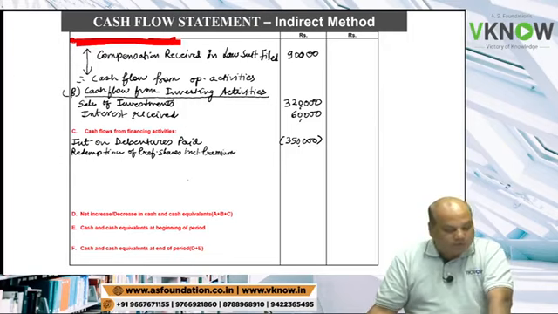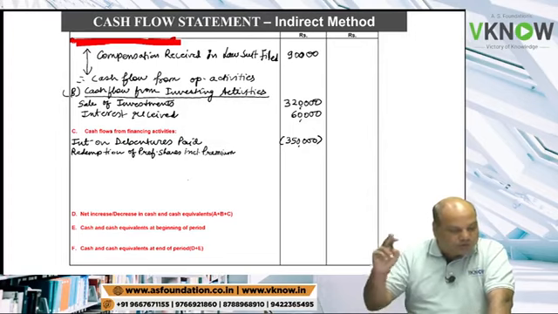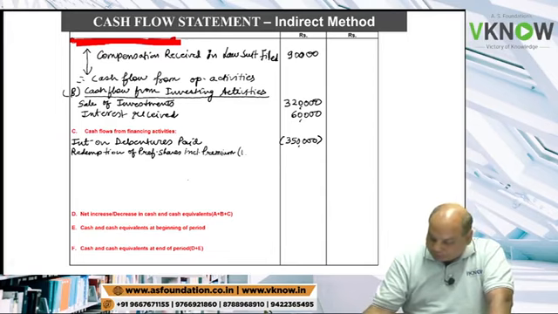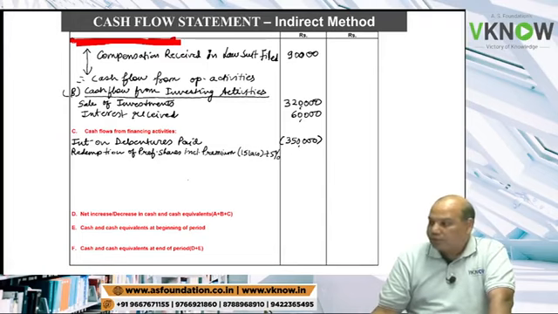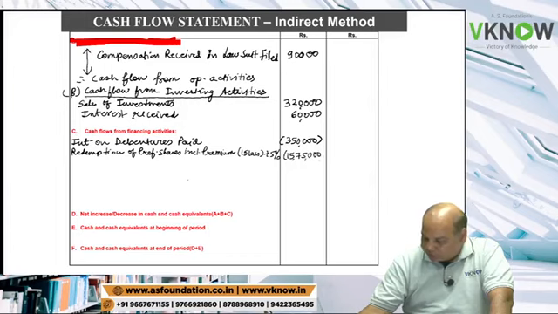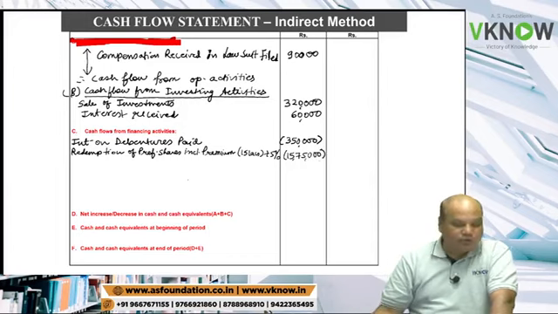So preference share is 15,000 into 100, 15 lakh, and 15 lakhs plus 5% premium. So total 15 lakh 75,000 we have to pay.